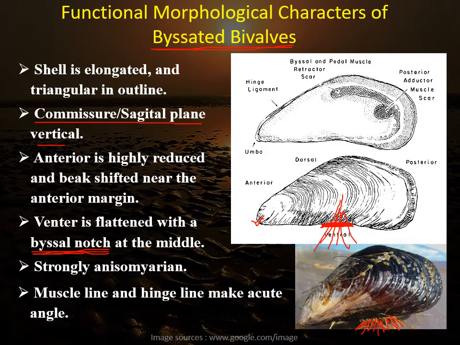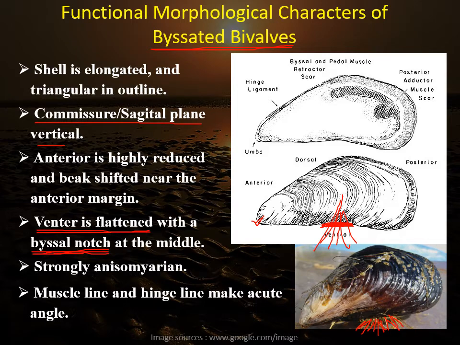Along with the notch, the ventral side also becomes flattened because it is an epifaunal bivalve, and it has a chance to dislodge its orientation. So the bivalve lowers its center of gravity, and for that it has to bring more mass towards the ventral side.